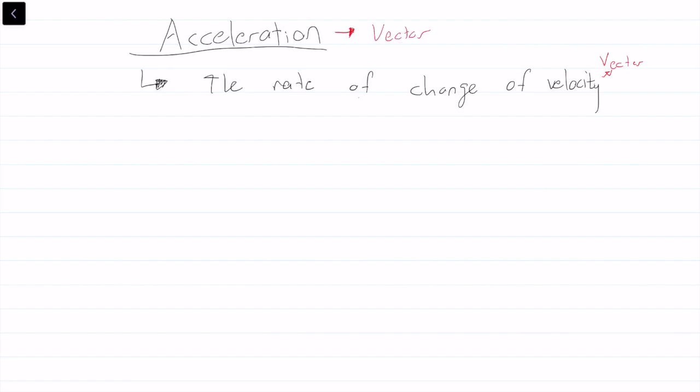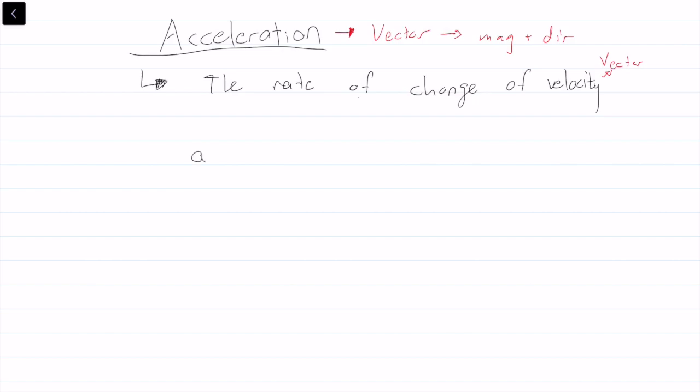So acceleration can be positive or negative. It must have a magnitude and a direction associated with it. So what is acceleration? Acceleration is basically how fast the velocity of an object changes with time.